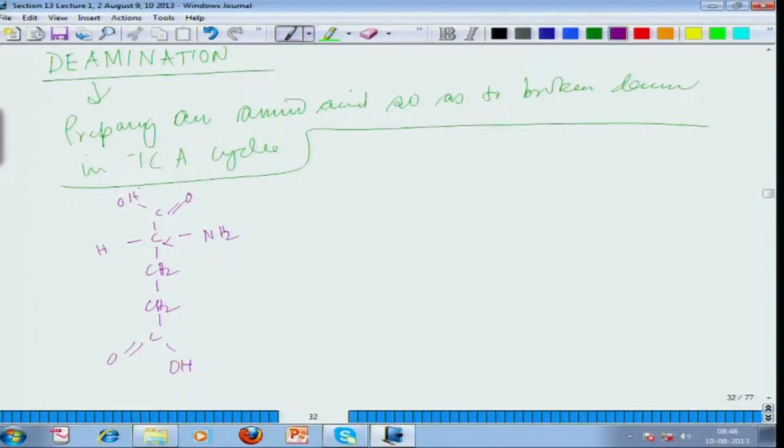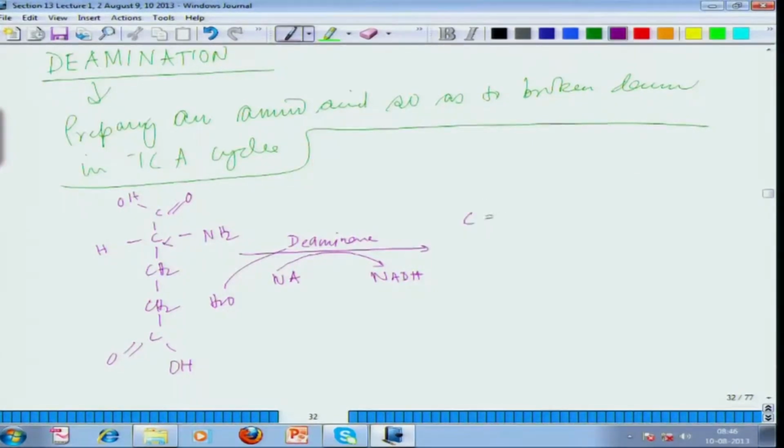Now, this glutamic acid in the presence of an enzyme called deaminase is taking H2O, and this needs NAD, forming NADH. NAD is getting reduced to NADH, and in that process something will get oxidized.